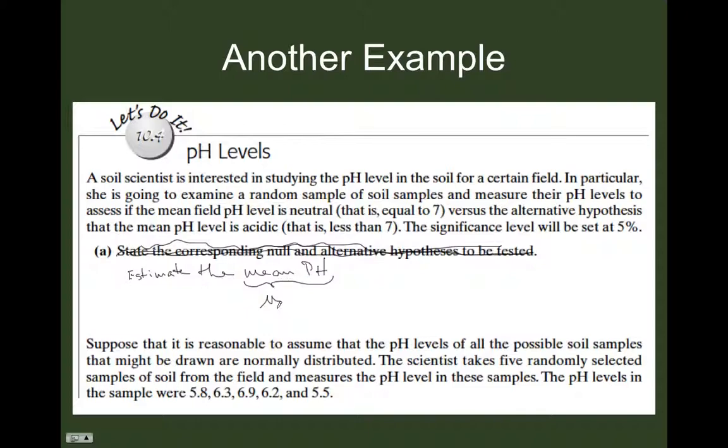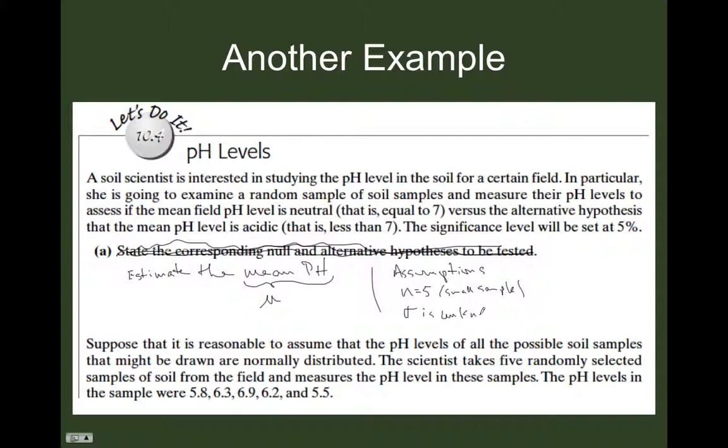Now, one of the reasons I wanted to do this problem is because the assumptions here are different than in the previous example. The assumptions, now n is 1, 2, 3, 4, 5. N is 5. This is a small sample. And also, sigma is unknown.